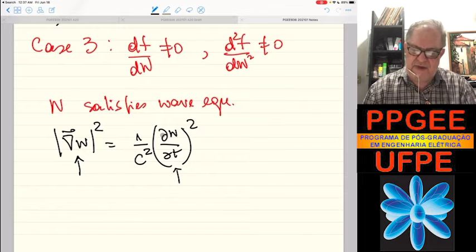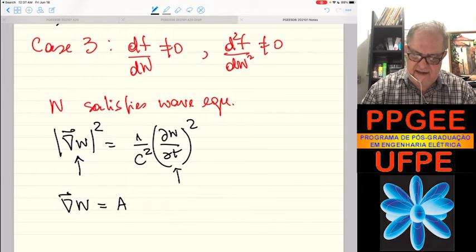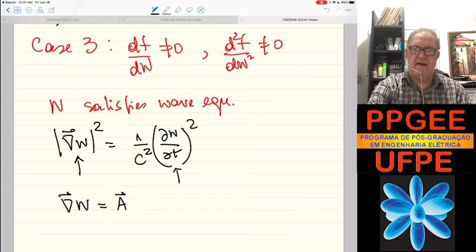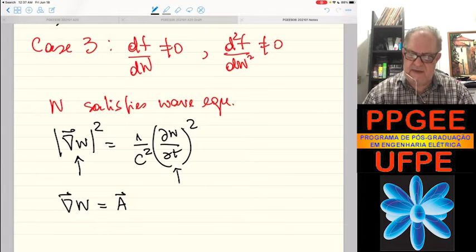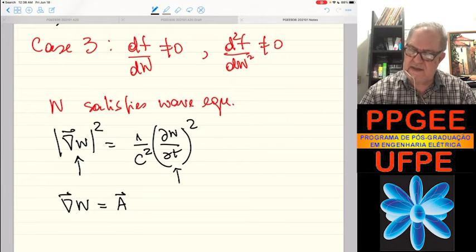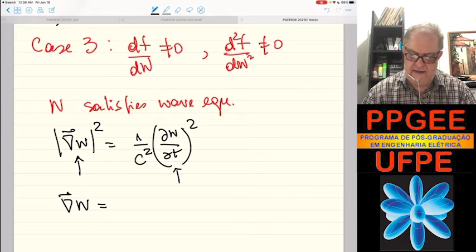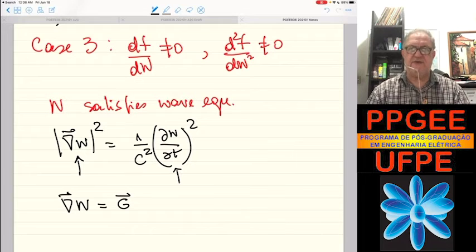So all I need to satisfy this equation is that the gradient of W is a constant vector, let's say A, right? And let's call the dW dt a different letter. Not A, let me call it, yeah, I think you can call it a vector g, okay? Constant vector, g is constant.